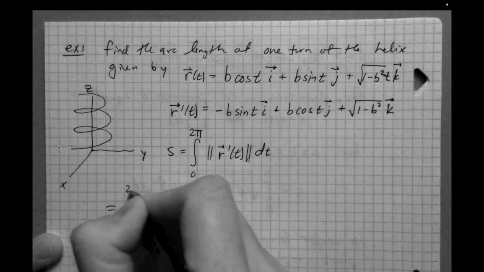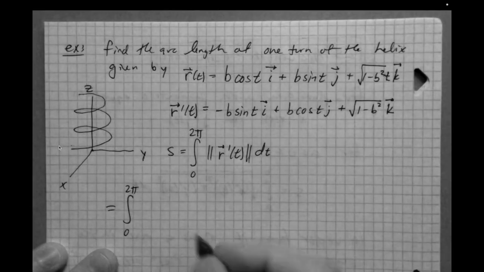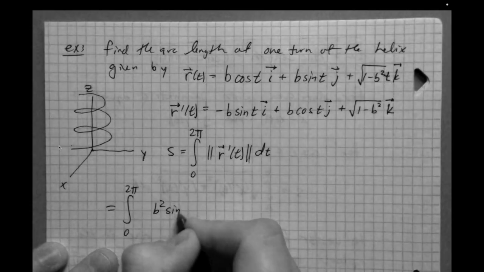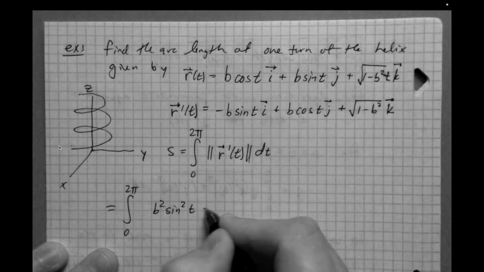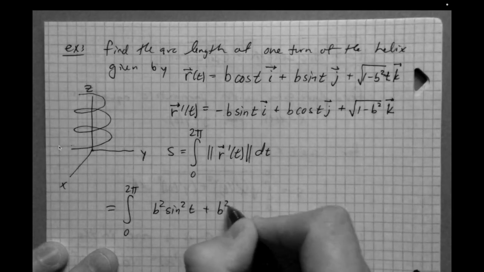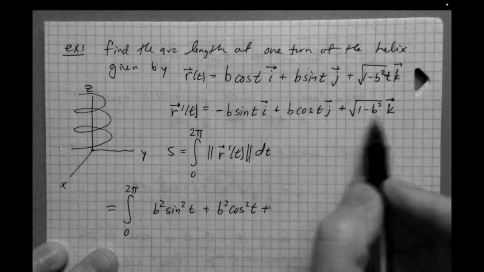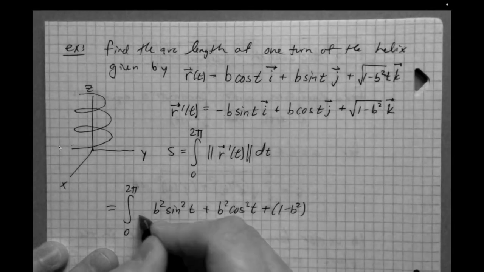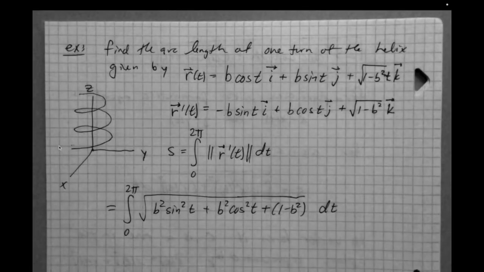So the integral from 0 to 2 pi of, it'll be b squared sine squared t, squaring each component, plus b squared cos squared t, plus, and then squaring that, we just get 1 minus b squared, and then the square root of all of that. And then with respect to t, naturally.